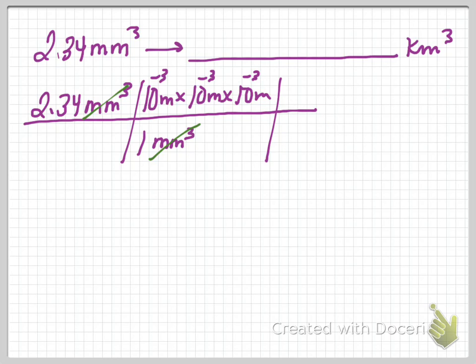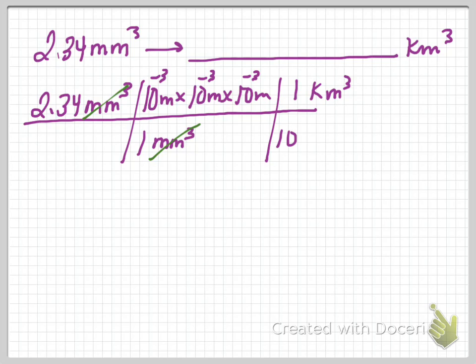Knowing that we're going to have our cubic meters on the bottom and our cubic kilometers on the top, the thing to remember is that 1 cubic kilometer is not 10 to the third cubic meters.